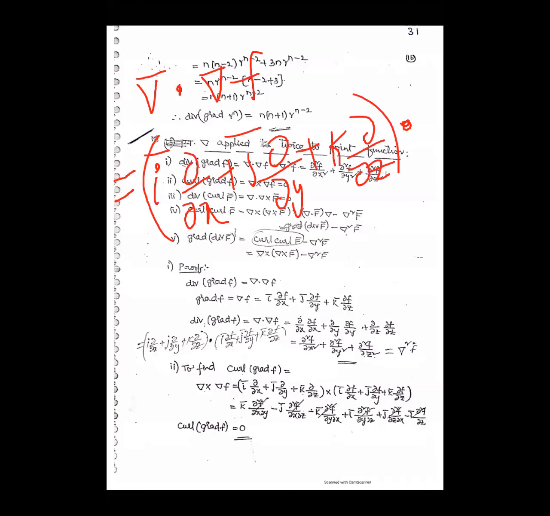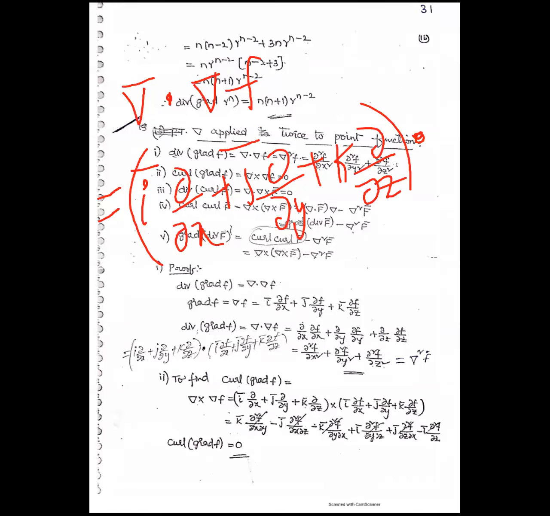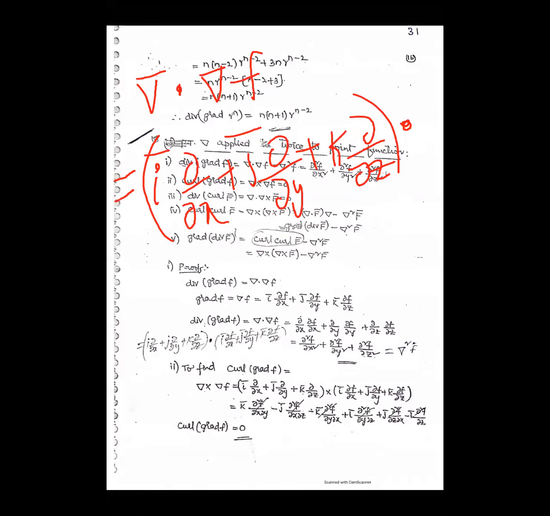Del f means i dou f by dou x plus j dou f by dou y plus k dou f by dou z.